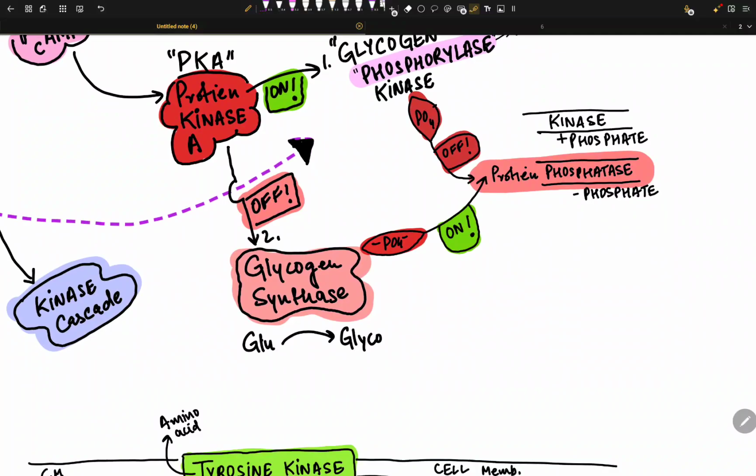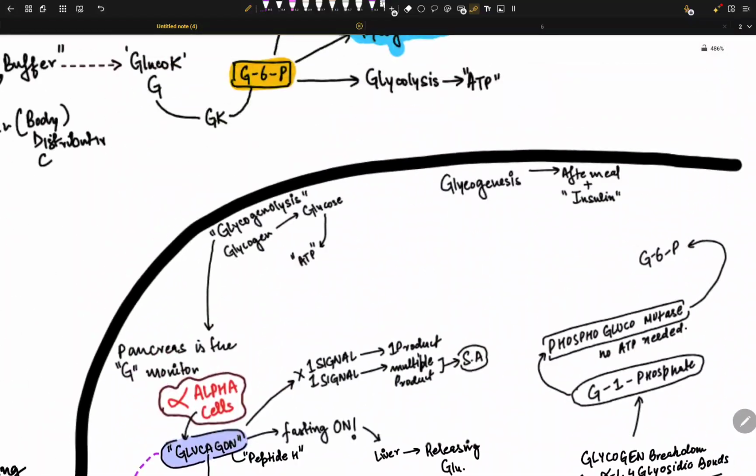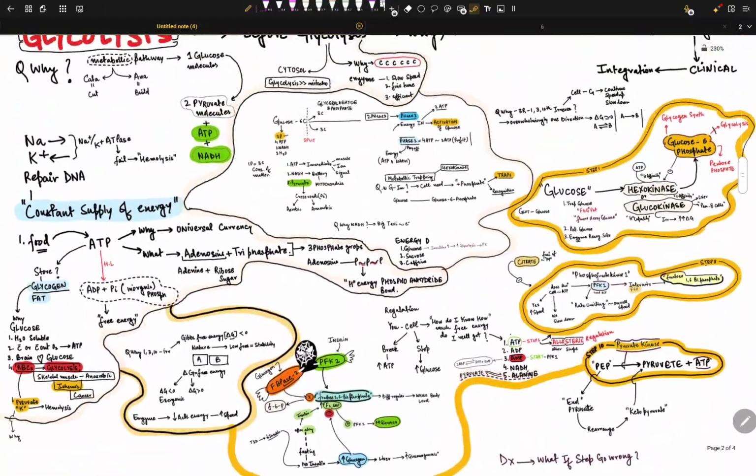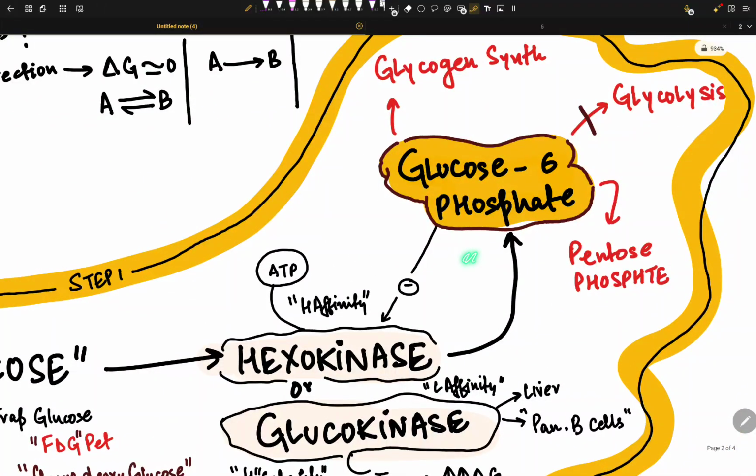Now, why does this lower the blood glucose? Because blood glucose goes inside the liver, then glucokinase traps the glucose, forming glucose 6-phosphate. At this point, glucose 6-phosphate has the option of going to glycogen synthase, or to glycolysis and the pentose phosphate pathway.